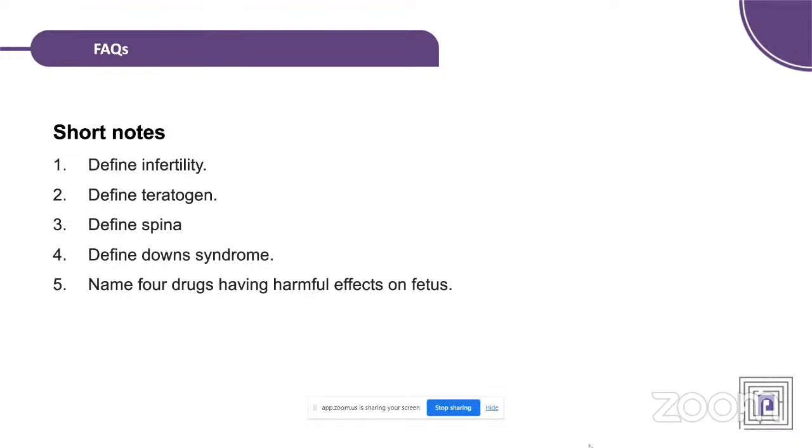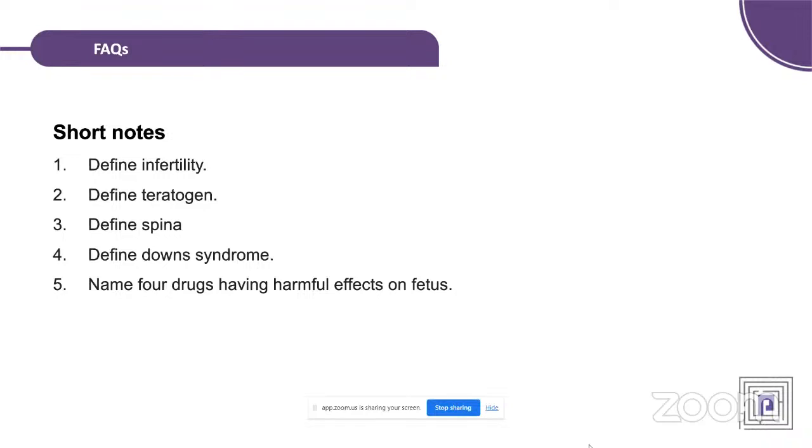First is infertility. Infertility is being unable to conceive even after unprotected sexual intercourse for a whole 12 months, a year. After that, we will call it infertility. What is a teratogen? Terato means the morphology, which is affected, right?